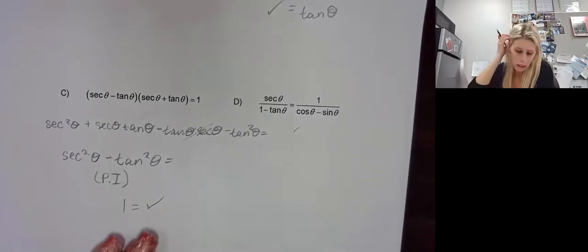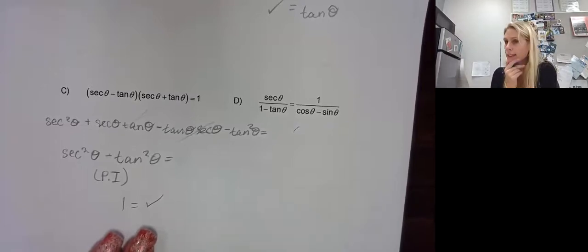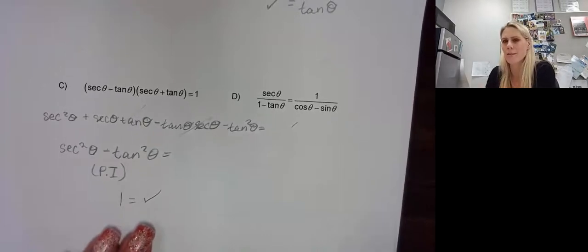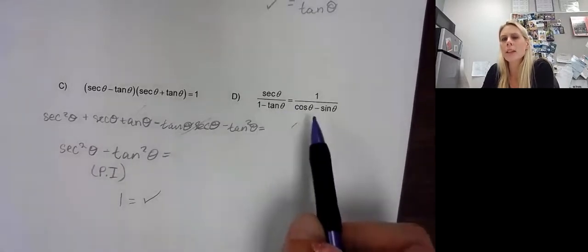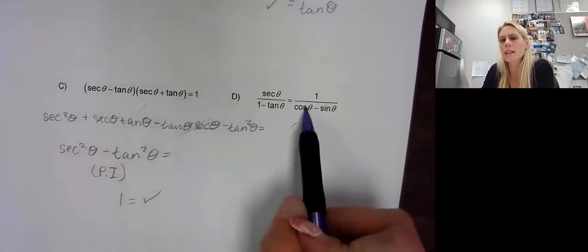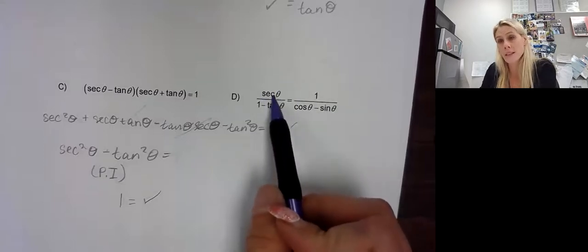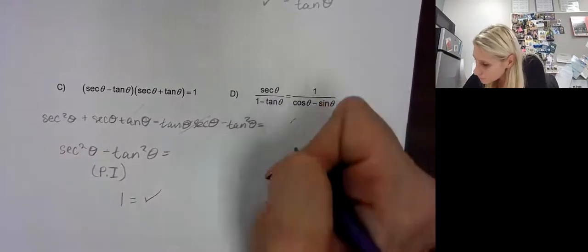Okay, D here. Well, to me, they kind of both look complicated, but I think the left side looks a little bit more complicated because I'm dealing with secants instead of cosines and sines. So the first thing I'm going to do, considering I like cosines and sines, is switch the secant to 1 over cosine and switch the tangent to sine over cosine.